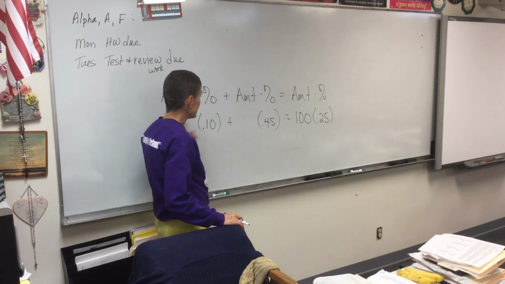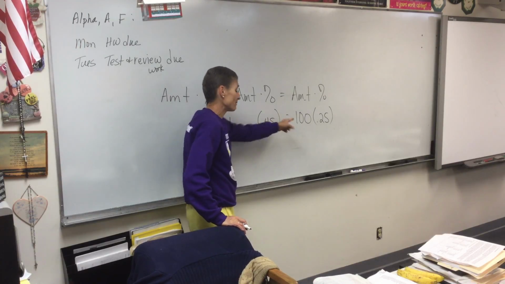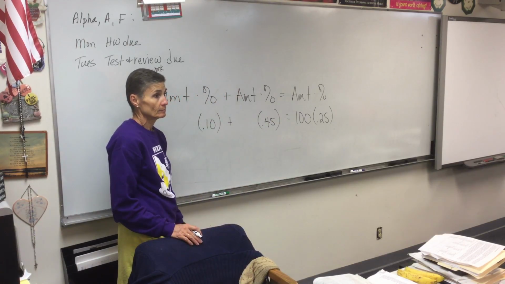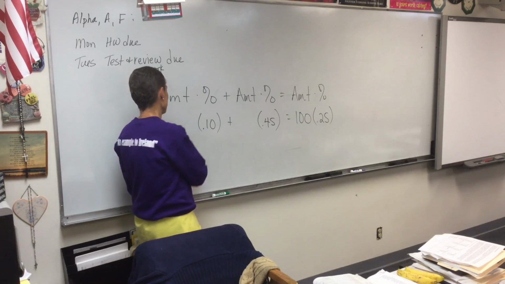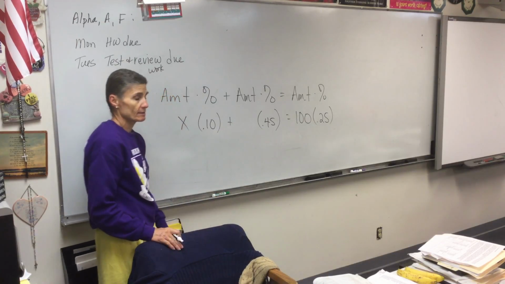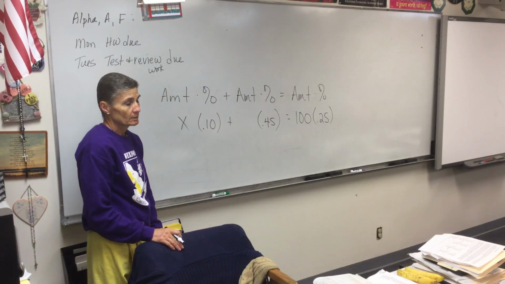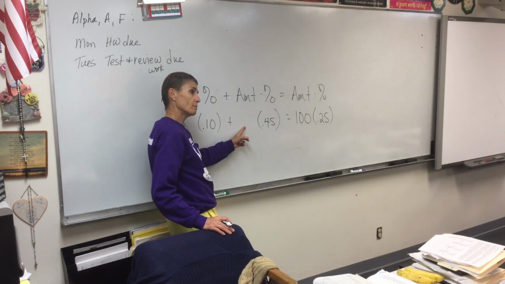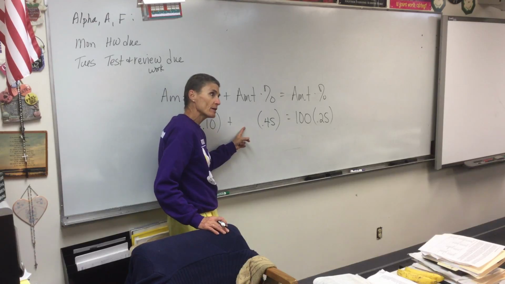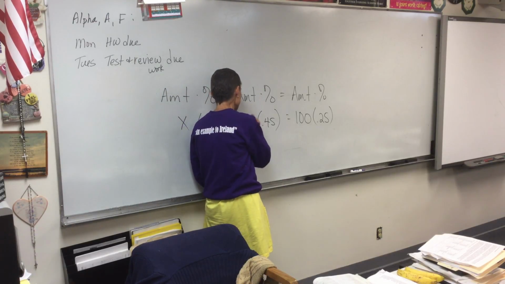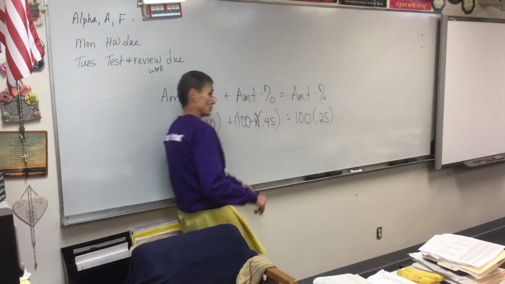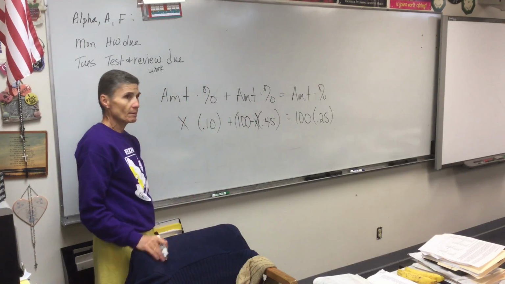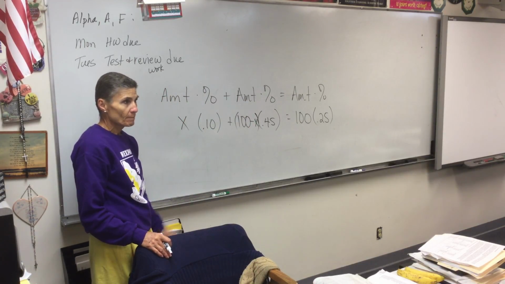So I know that these two have to add up to 100, right? Now I have no idea what this one is, so I'm just going to call it X. I have no idea. But if I call that one X, what will this one be? 100 minus X. Very good, Brenton. 100 minus X. Now, for some reason, that blows some of our minds. But think about it.